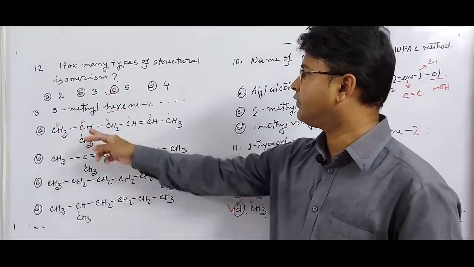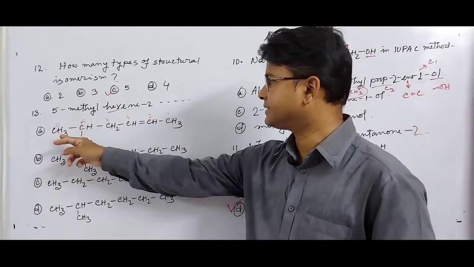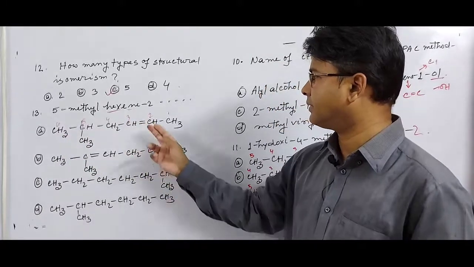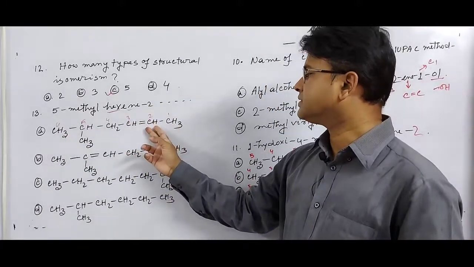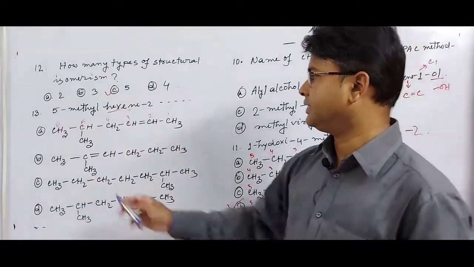So it will be 5-methyl hex. Hex means 6 carbon atoms in the main chain, and ene means carbon-carbon double bond. 2 means the position of the carbon-carbon double bond. So option A will be the correct answer.